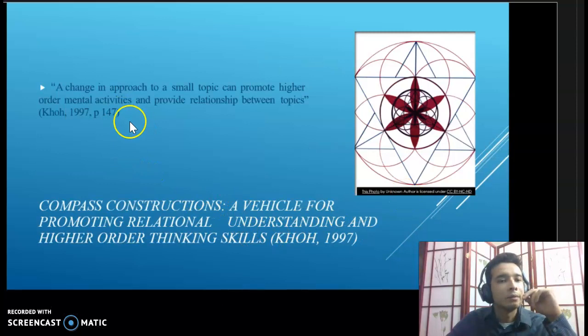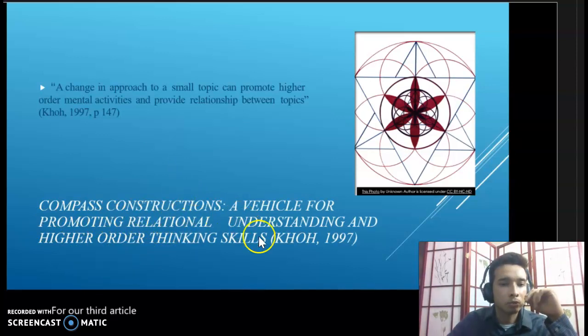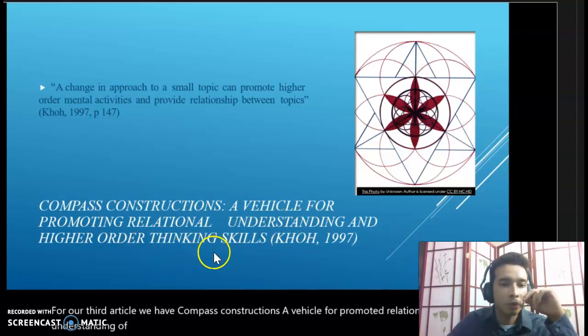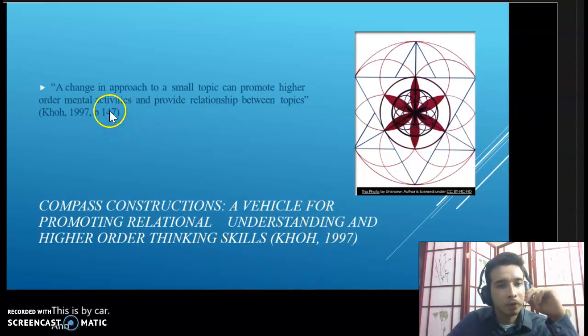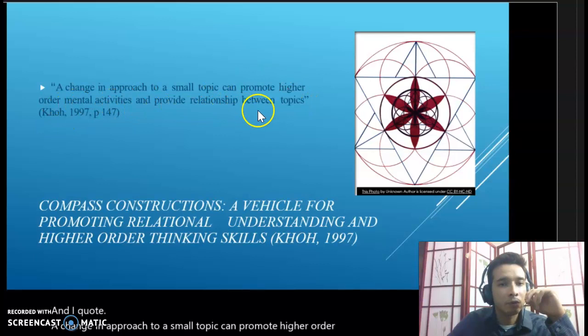Now, for our third article, we have Compass Constructions, a vehicle for promoting relational understanding of higher order thinking skills. This is by Koch, and I quote, a change in approach to a small topic can promote higher order mental activities and provide relationships between topics.